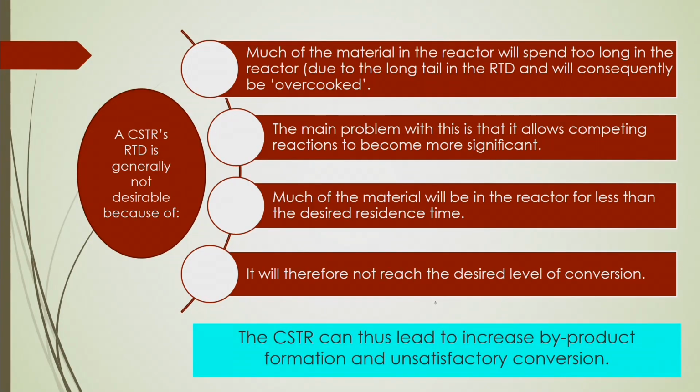And CSTR can thus lead to increased byproduct formation and unsatisfactory conversion. If you are getting back mixing, you can get some other byproducts, and it may also reduce the yield of the reaction. So that is why unsatisfactory conversion may be obtained with this CSTR. So it is not suitable nowadays for process intensification.